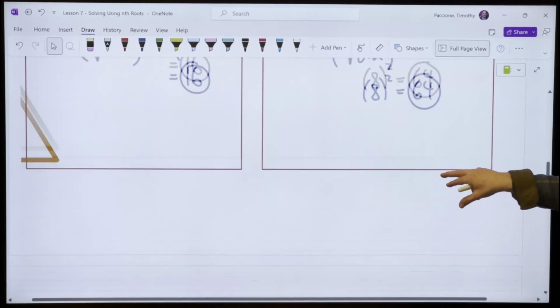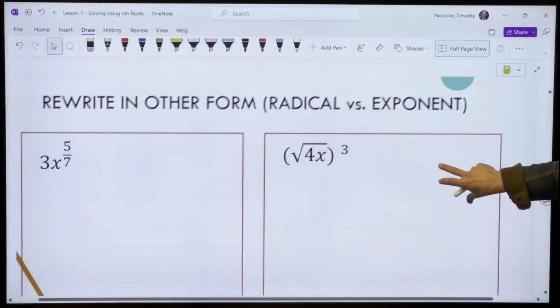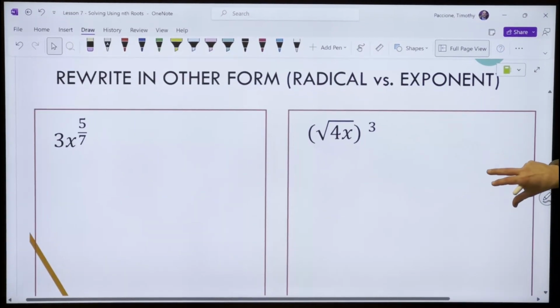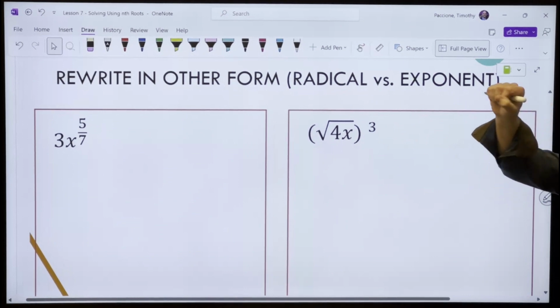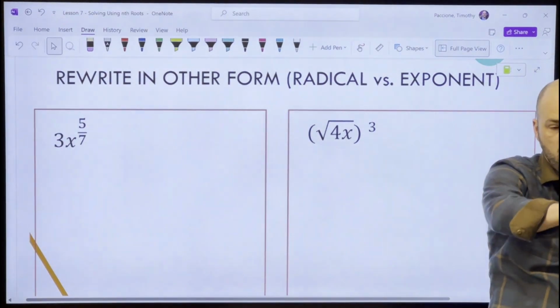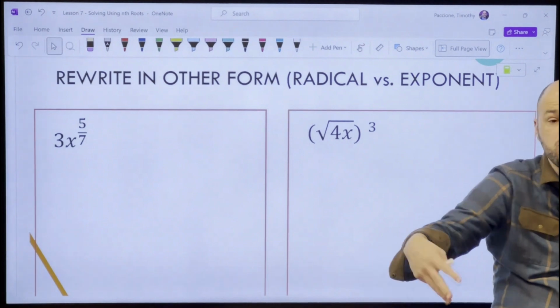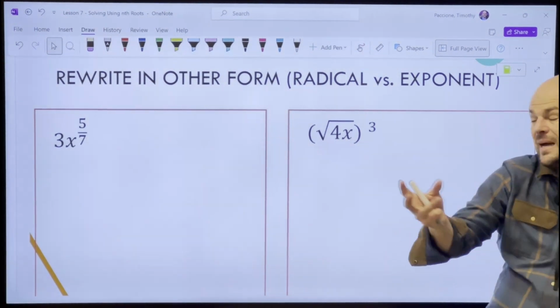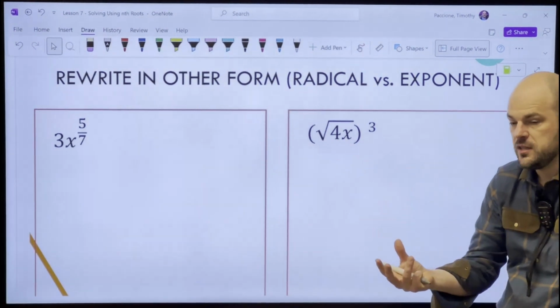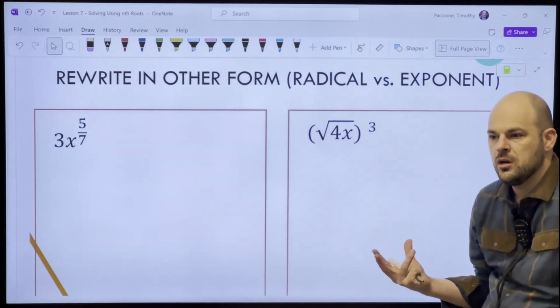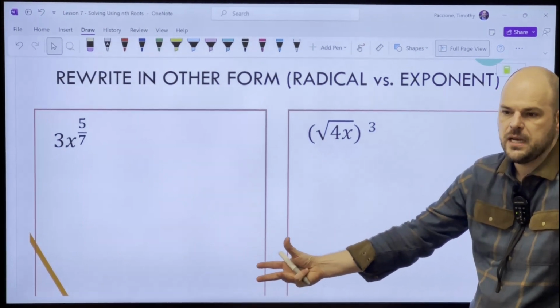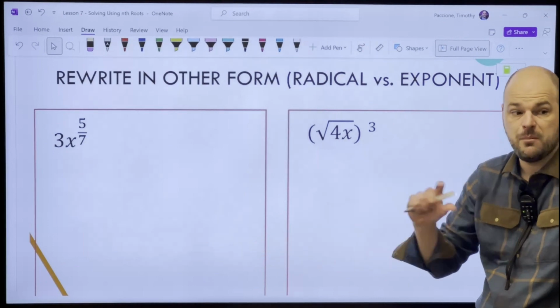Okay, next up. Can we rewrite these either from exponent form to radical form or radical form to exponent form? We kind of just did that a little bit, but both of these have a little trick in them. Both of these problems were problems from last year's quiz that a lot of people just messed up on by not being careful.